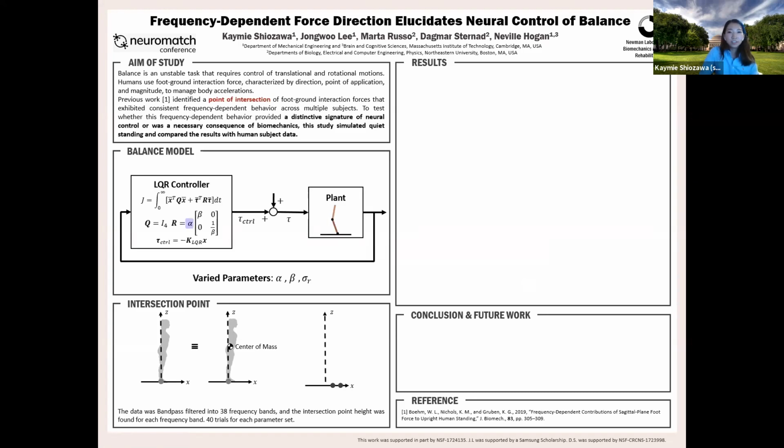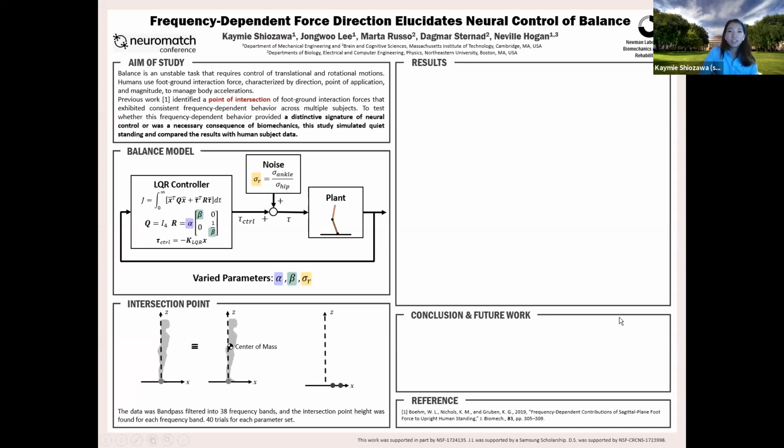The parameters of interest were alpha, which penalizes the relative cost on the state deviation versus control input, and beta, which penalizes the relative cost on the control input in the ankle and the hip joints. We added noise to the hip and ankle joints to replicate the variability observed in human quiet standing. So alpha, beta, and sigma r were the parameters we varied to match the simulation data to human data.